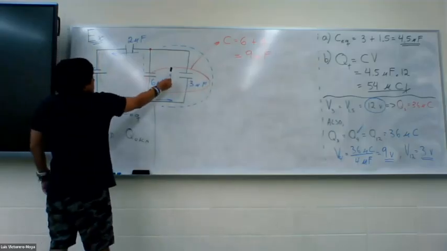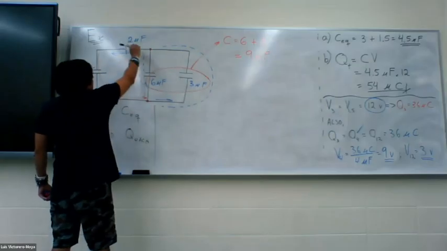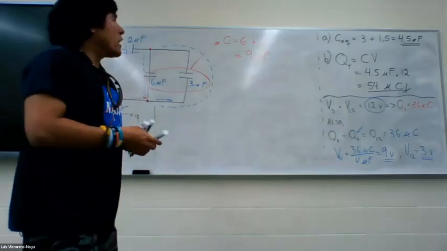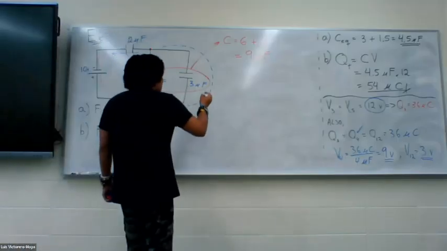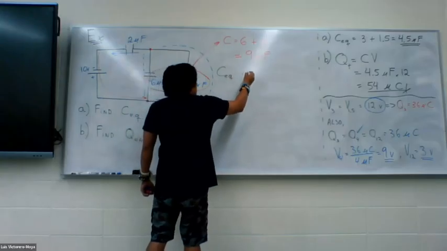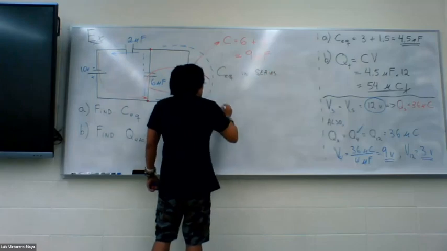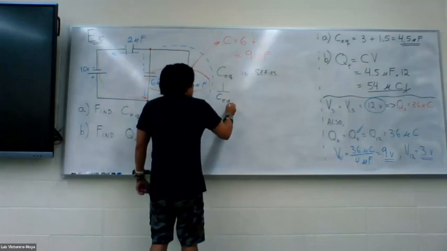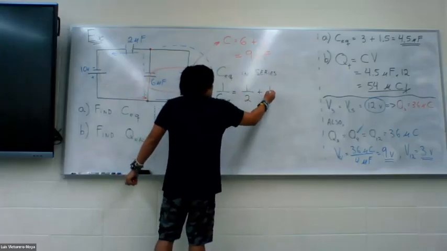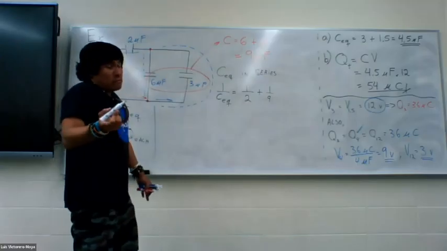All right. But this one here and this one here, the combination of these two and this are in series. Therefore, we have to find the equivalent capacitance in series. 1 over C equals 1 over 2 plus 1 over 9. Well, the common denominator is 18.